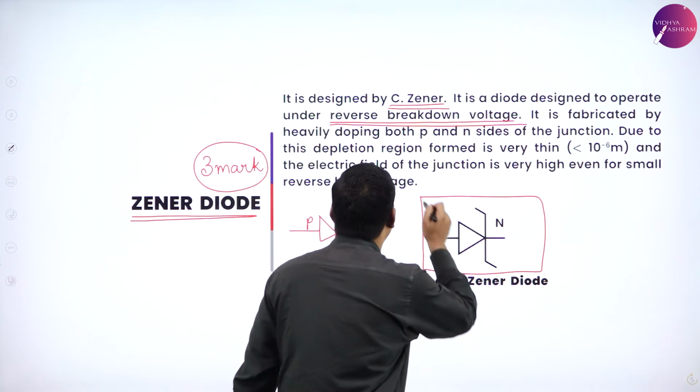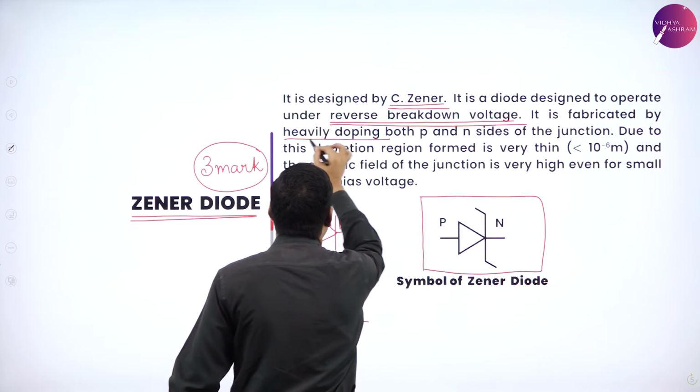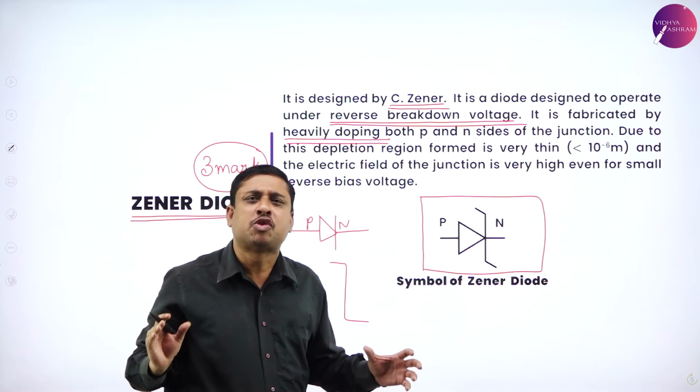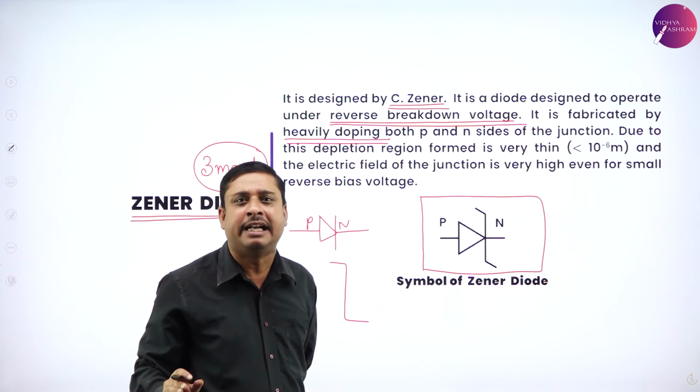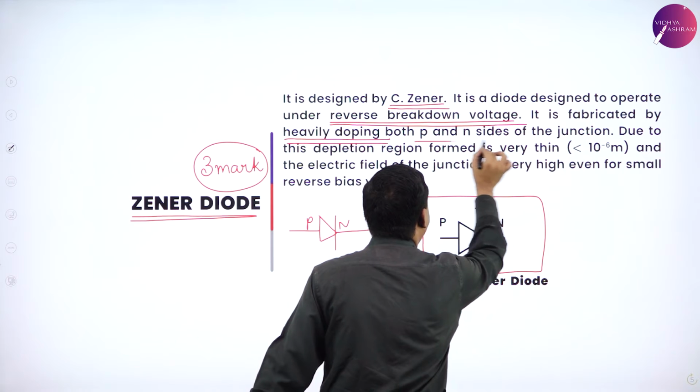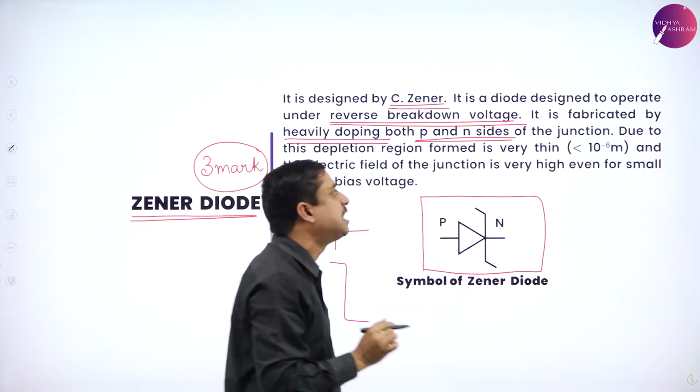Here the P and N sides are heavily doped. Lots of impurities are added; high doping is done to the P and N sides of the junction.